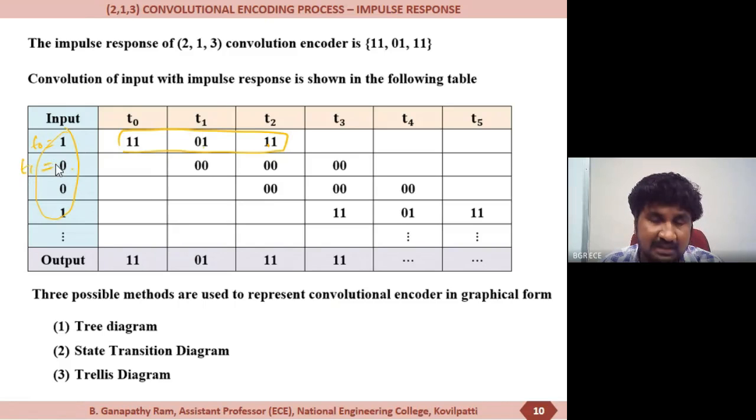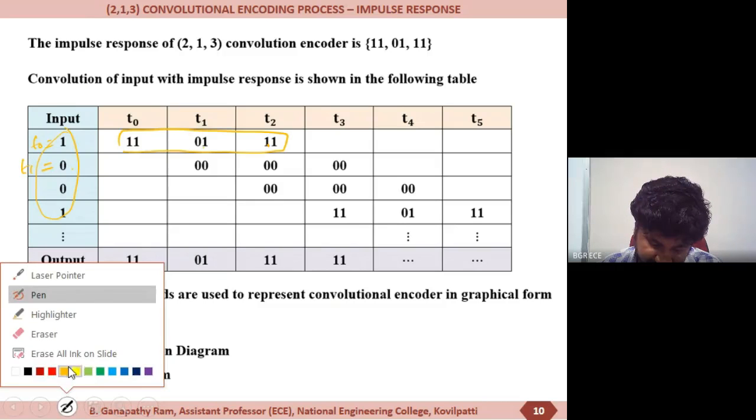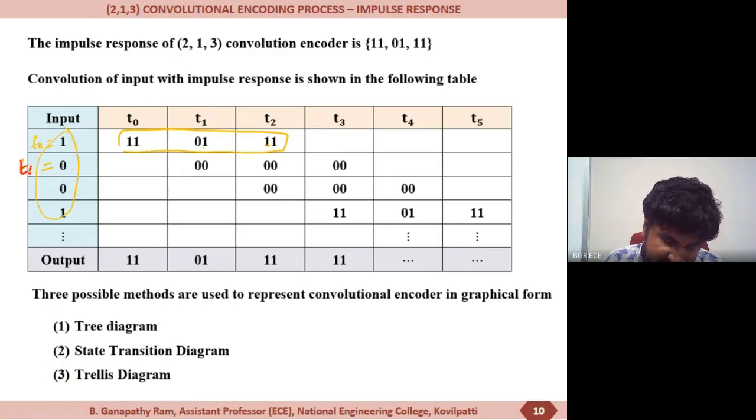At time t1, the second bit 0 is applied. So if the 0 is applied, all the shift registers will be loaded as 0, so that the corresponding response will be 0, 0, 0, 0 and 0, 0. That will be represented here.